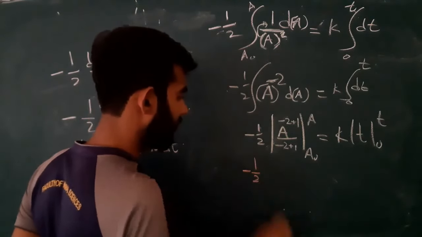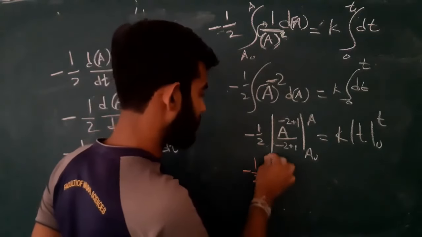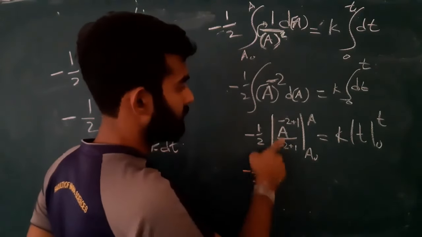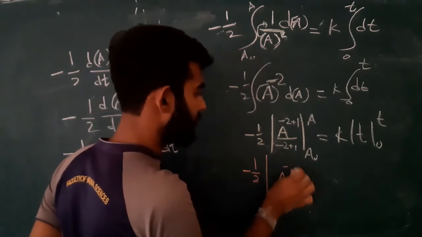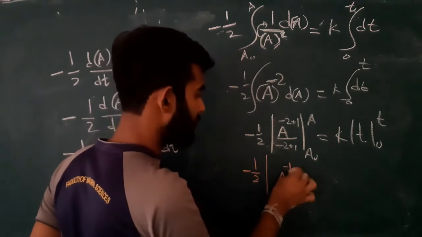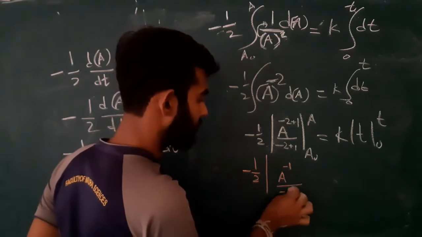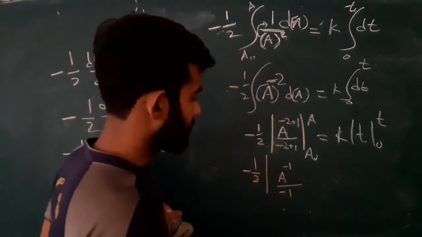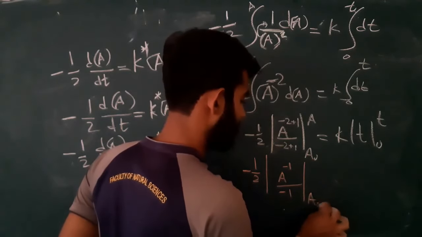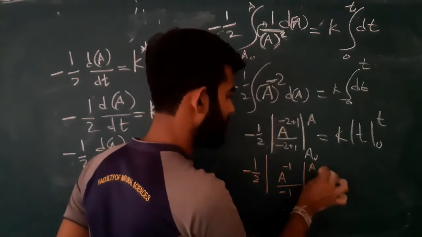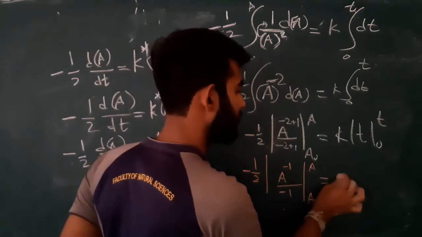Here minus half, minus 2 plus 1 will be A to the minus 1, and here minus 1, limits A naught to A equals k star.